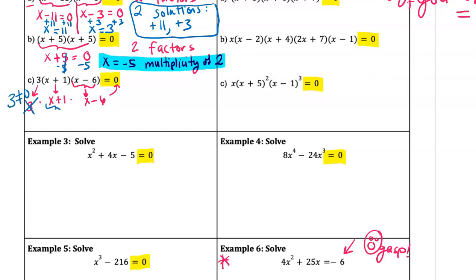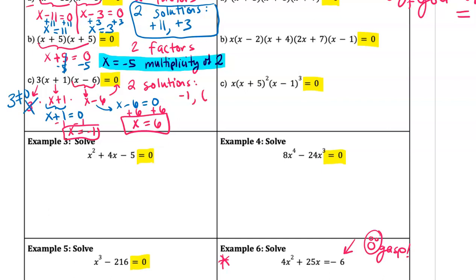But it could be the x plus 1. That would equal 0 if x was negative 1. It could be the x minus 6, because that could equal 0 if x was positive 6. So this again has two answers, two solutions. And the answers were negative 1 and positive 6.